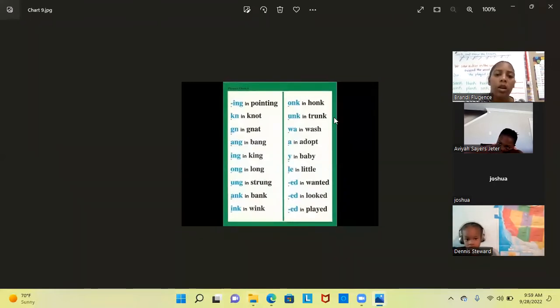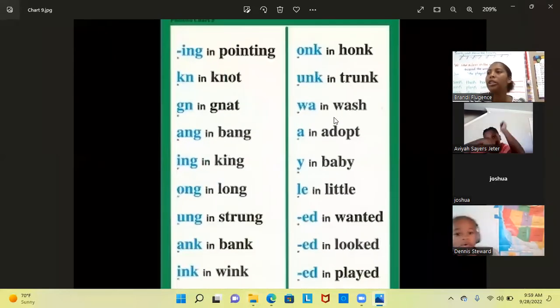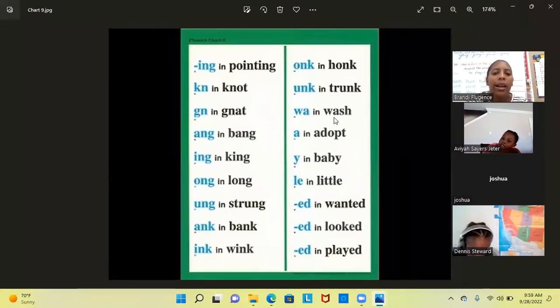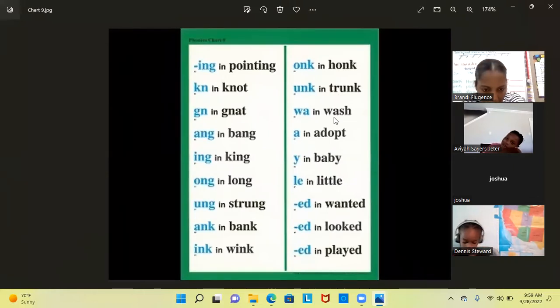All right, chart 9. ING says ing. KN. GN says n, and gnash. ANG says ang. ING says ing, and king.